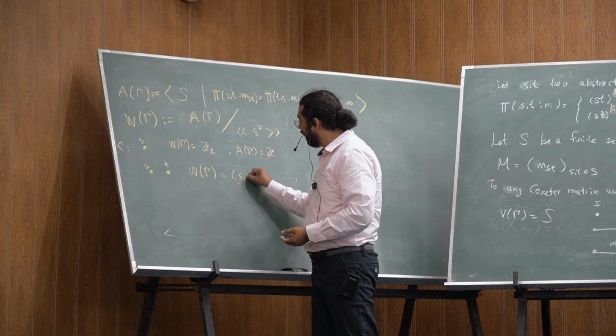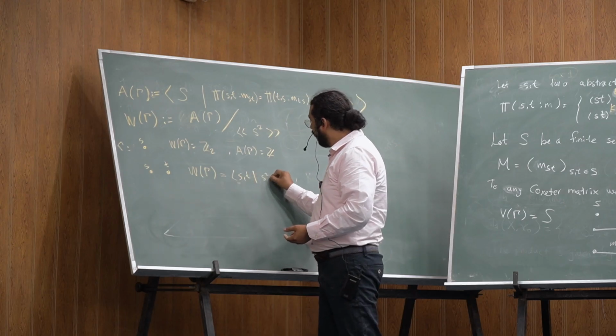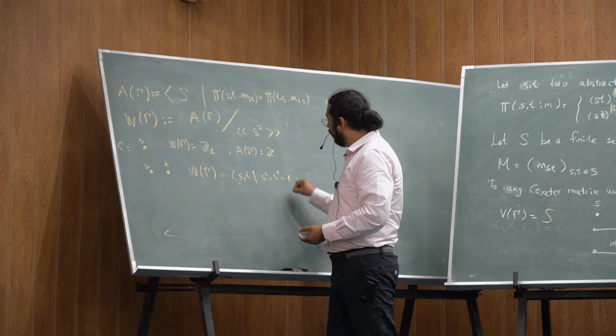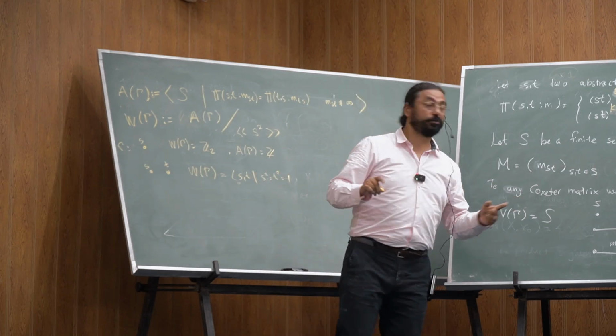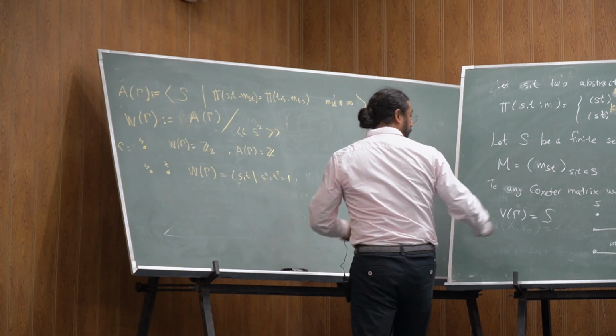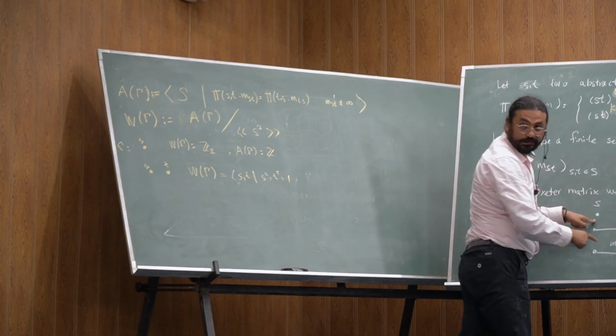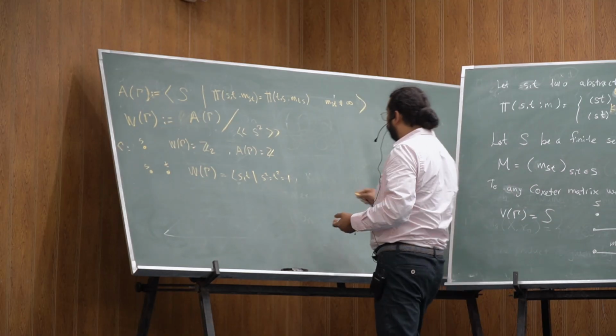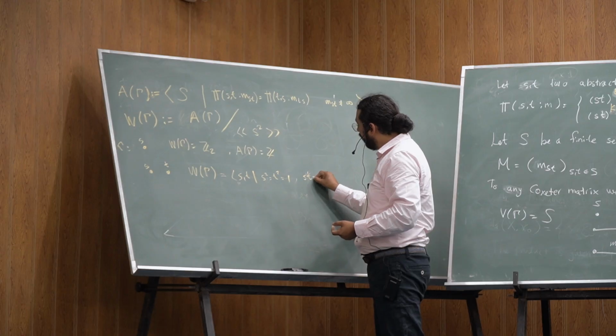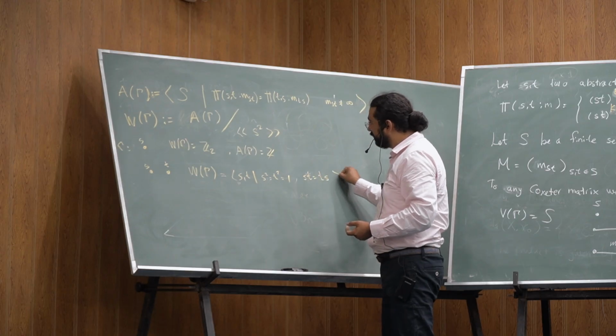It will be generated by S, T with S squared, T squared equals 1. And if there is no edge, then M_ST is equal to 2, so it will be ST equals TS.